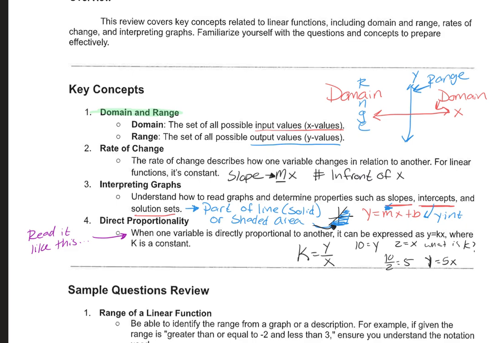When one variable is directly proportional, little division sign, to another, we're going to go one variable over another. That is how you're going to set this up to figure out what k is. If it says directly proportional to something, this is your denominator, this is your numerator.